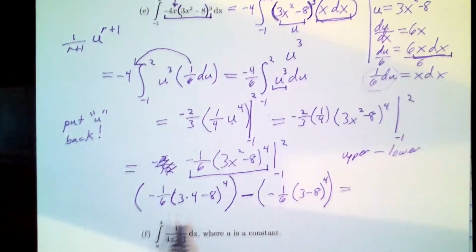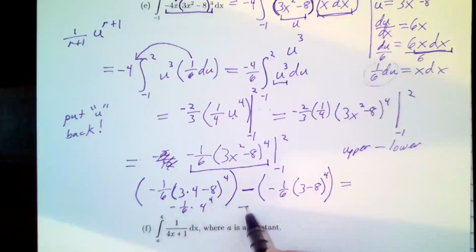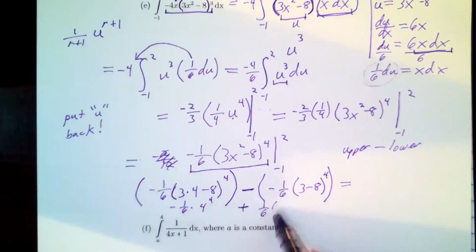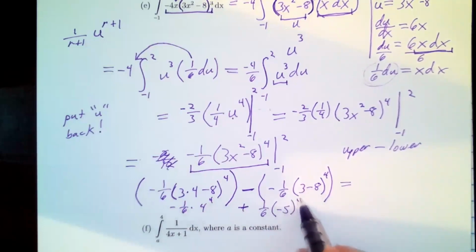Now we get our calculator out, and we start punching out values. This is 12 minus 8. 12 minus 8 is 4. So this is -1/6 times 4 to the 4. Minus minus becomes plus. 1/6 times 3 minus 8, which is -5 to the 4.